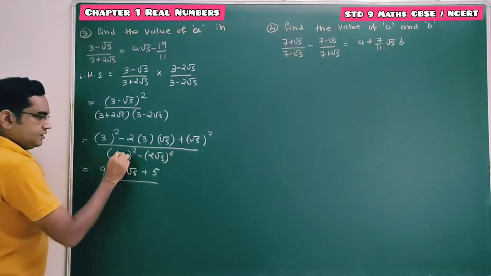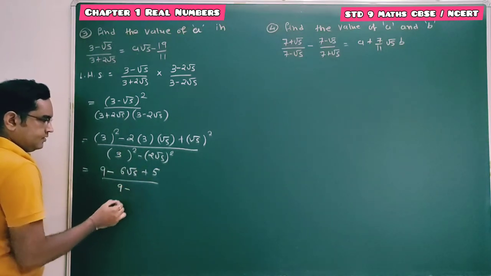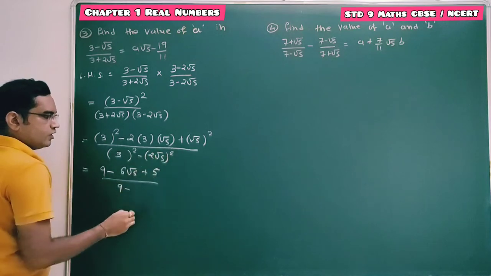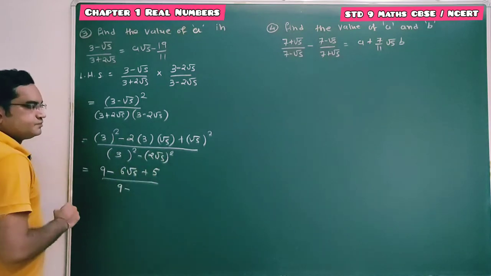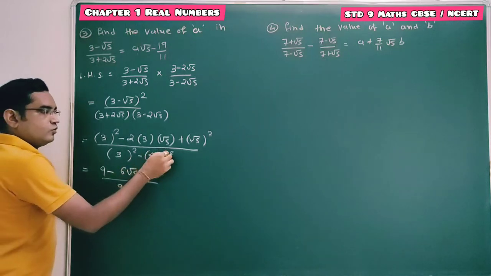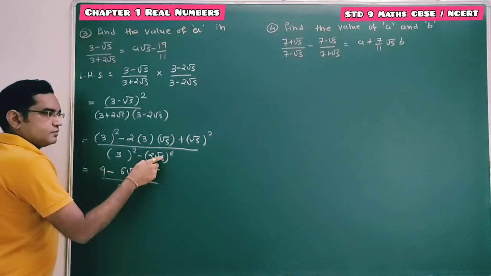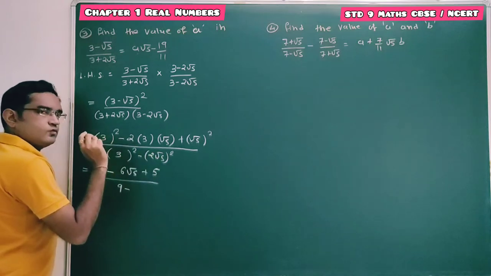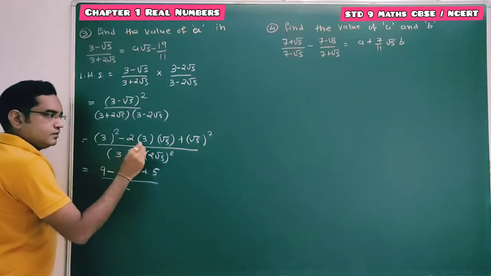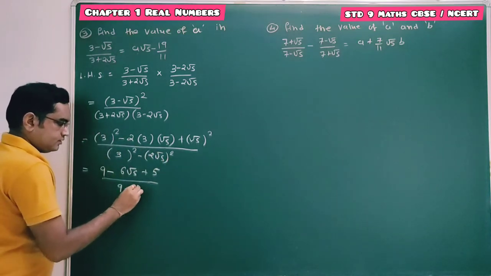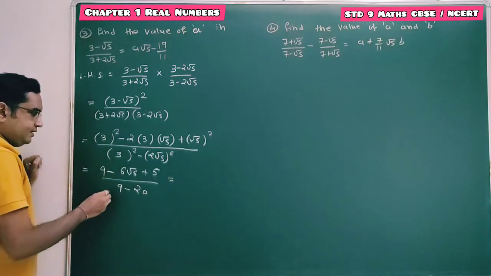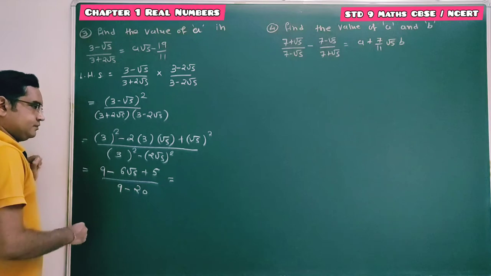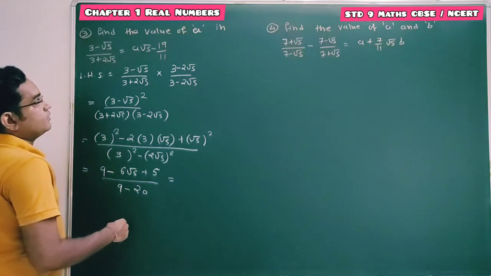Done. 3 square 9 minus 2 square 4 and root 5 square 5, 4 fives are 20. So this is equal to 9 plus 5, so it's 14.